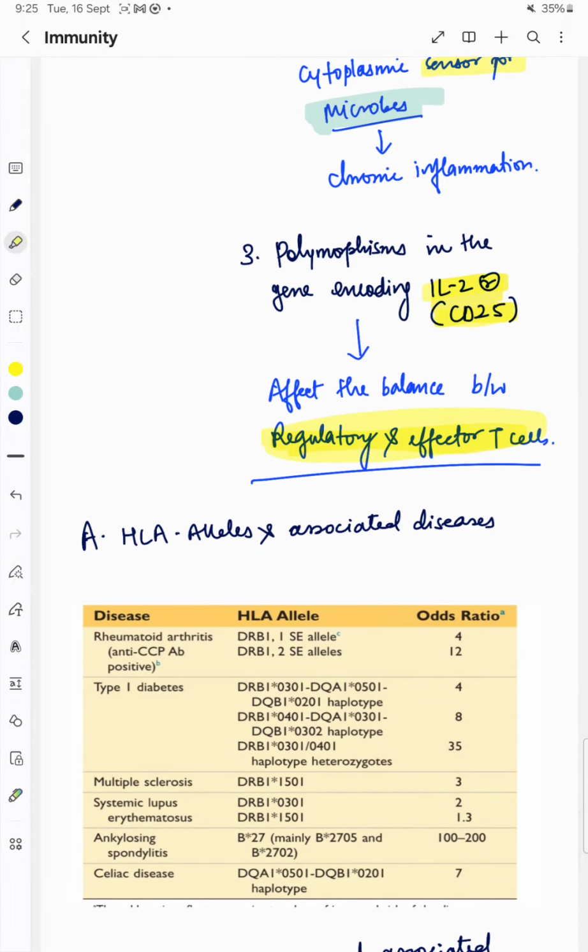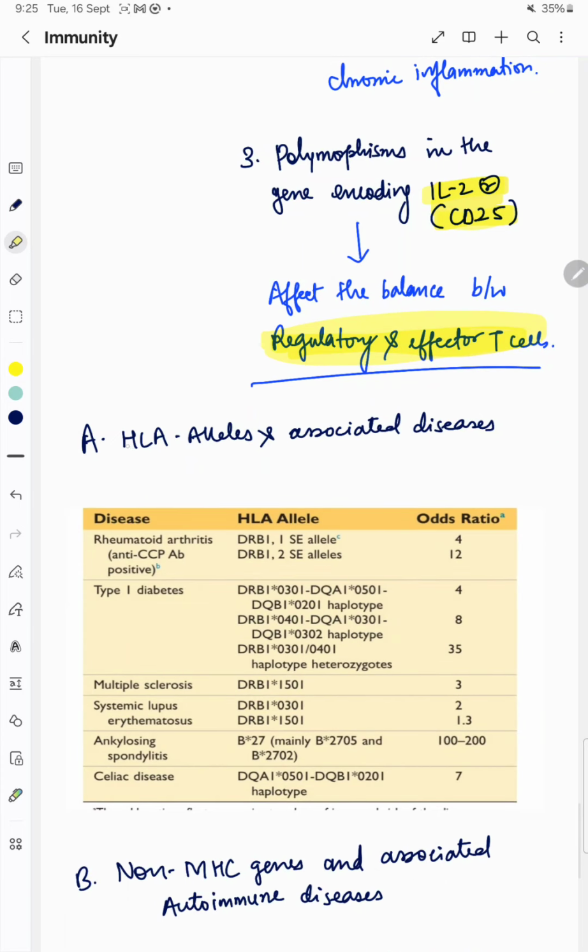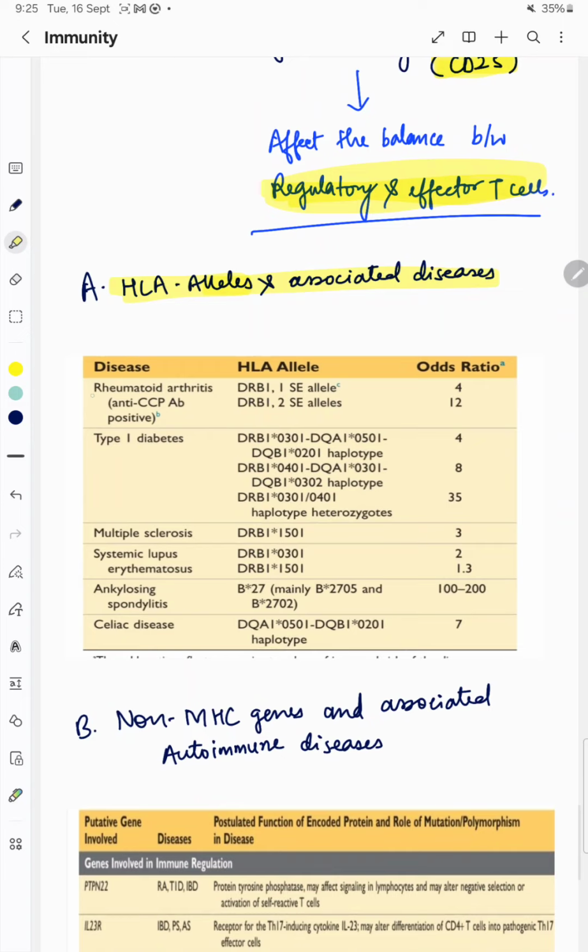Now we will discuss certain disorders associated with these genes. Disorders associated with HLA alleles in autoimmune diseases. This table is from Robbins, in which we will discuss the diseases associated with HLA alleles, like rheumatoid arthritis, type 1 diabetes, multiple sclerosis, systemic lupus erythematosus, ankylosing spondylitis, and celiac disease.